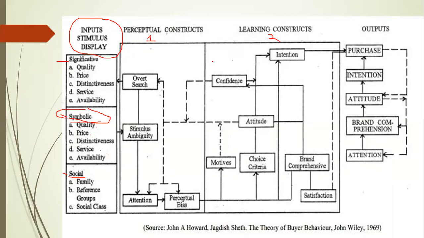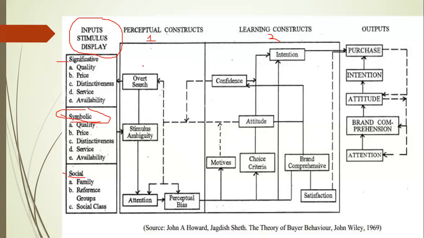Second is perceptual bias, which refers to distorting or altering the information a consumer receives. The third is search for information, actively seeking information on the brands or their characteristics. These all three fall under the perceptual construct.